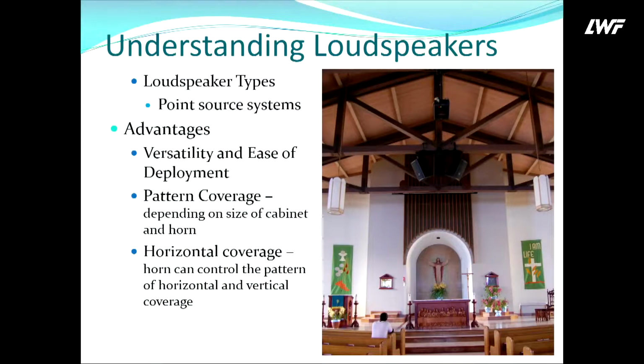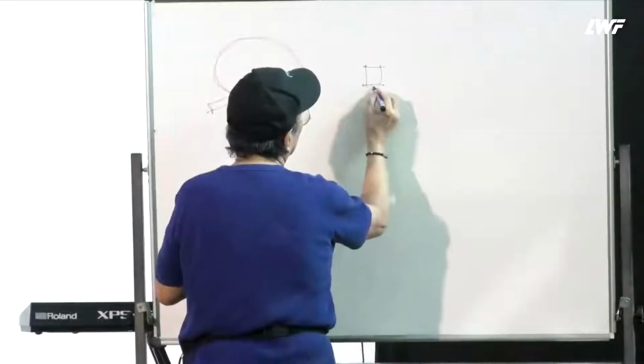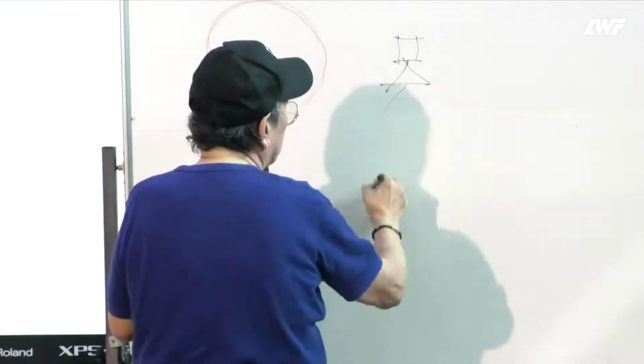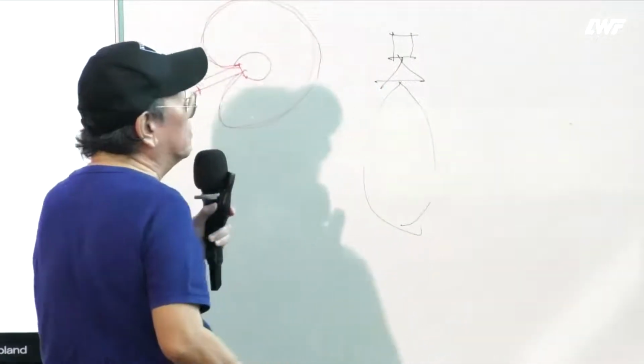Alright. So, madaling i-set up ang point source systems. And then, depending on the size of the cabinet and the horn, yung pattern ng coverage niya normally is frontal. Pero yung low frequency, parang ganito rin, no? Ang mangyayari, from top, ang high frequency, pag ganon, ang tapon.